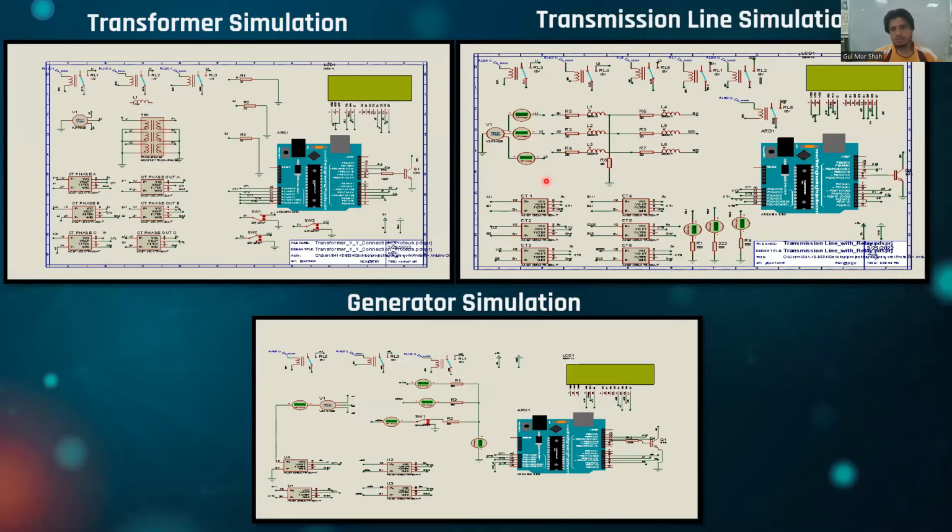This is the transmission line simulation. In the same way we have 6 current sensors, Arduino, and the LCD display, where we can see the input current, output current, and the status of our differential relay, whether it is faulty or not. And this is the generator simulation.